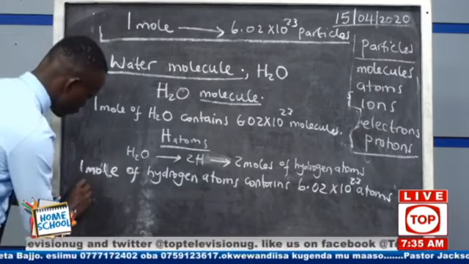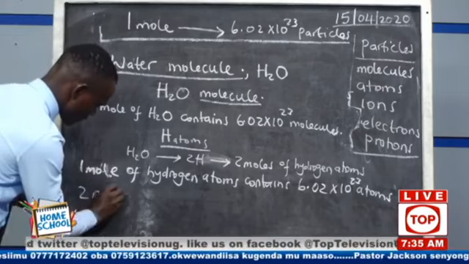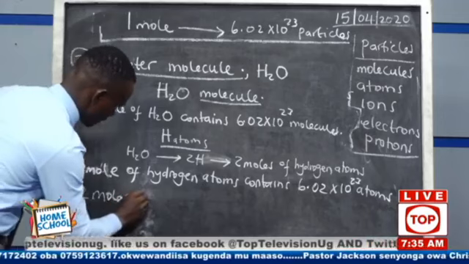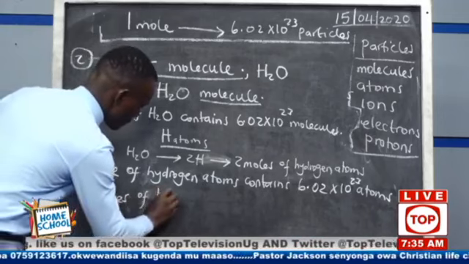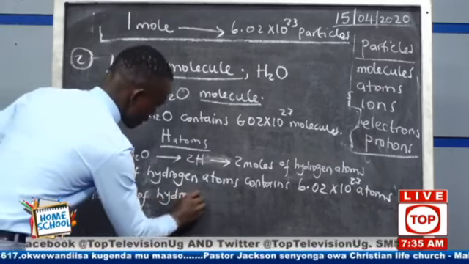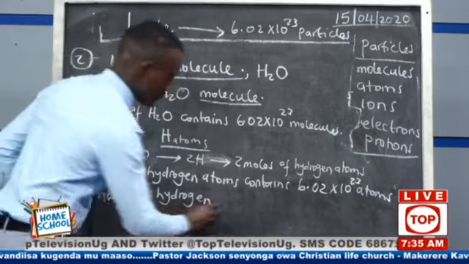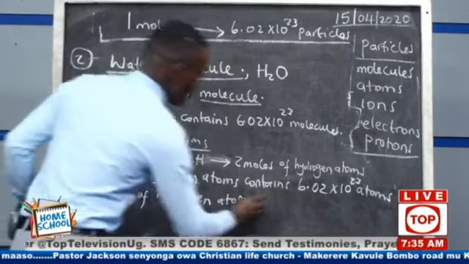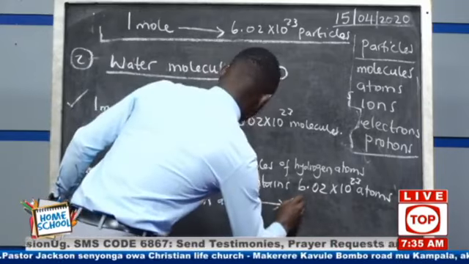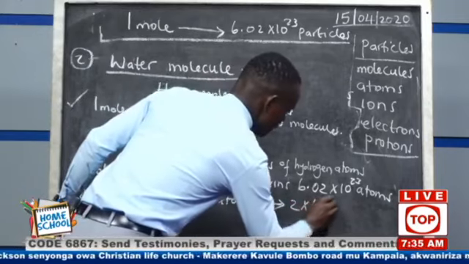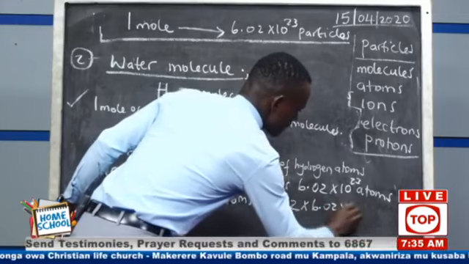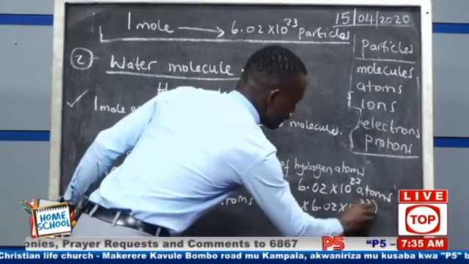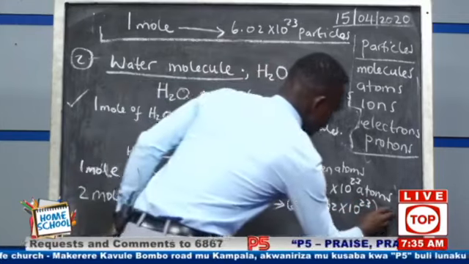What about 2 moles? 2 moles of hydrogen atoms. That means these ones will contain 2 times 6.02 times 10 power 23 atoms.